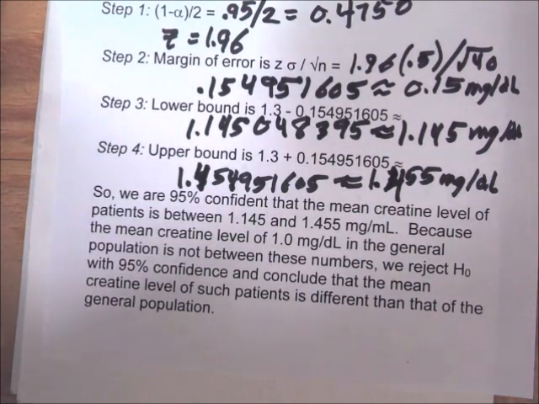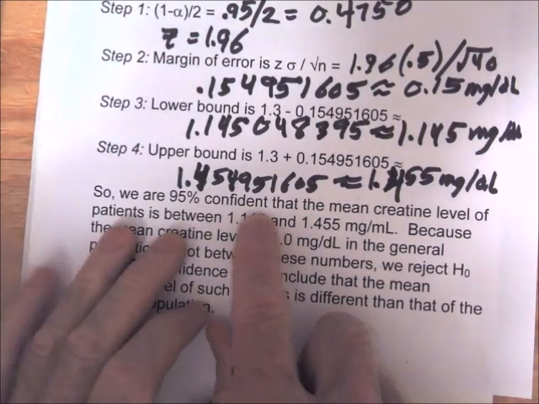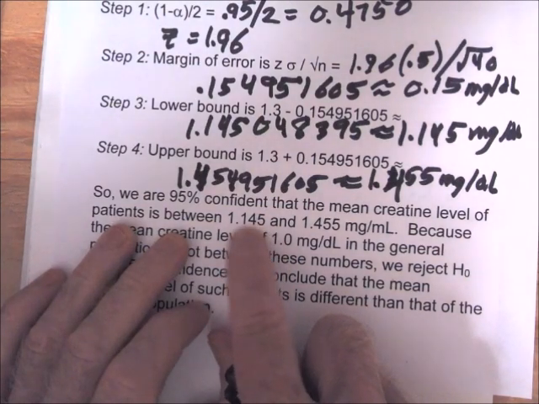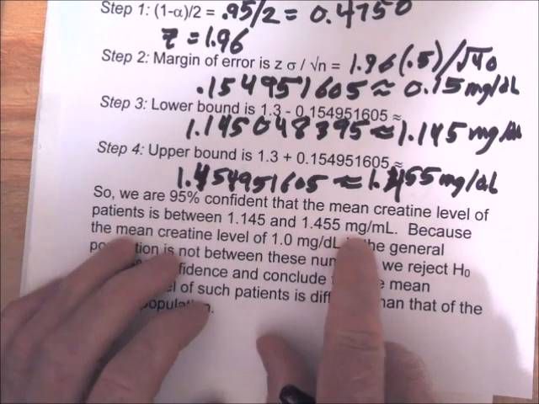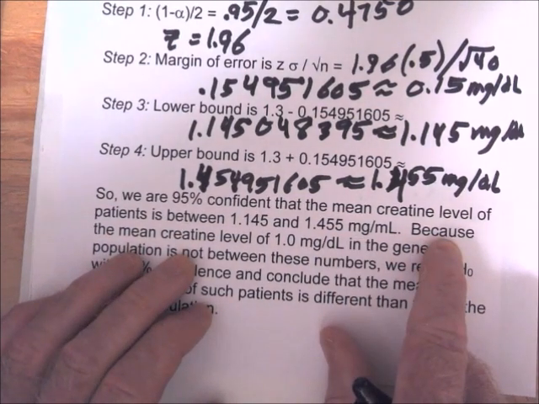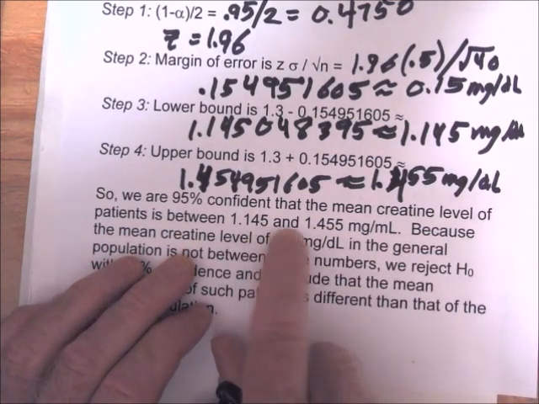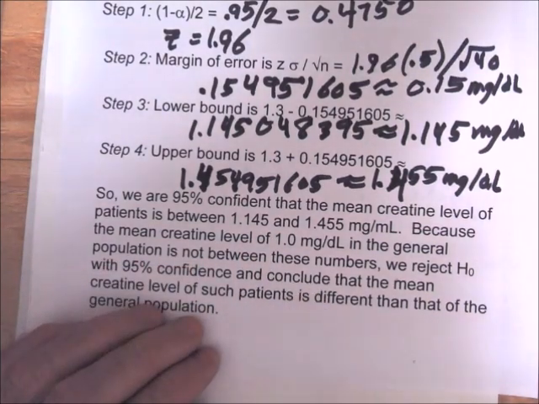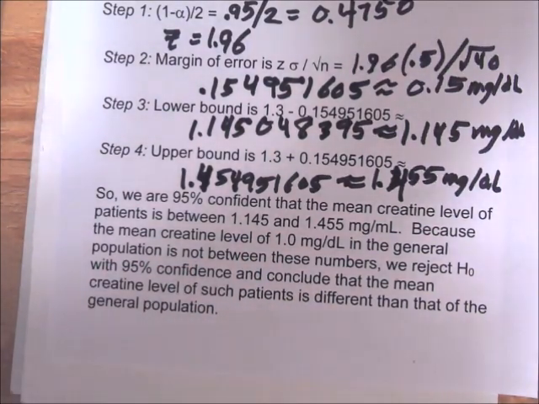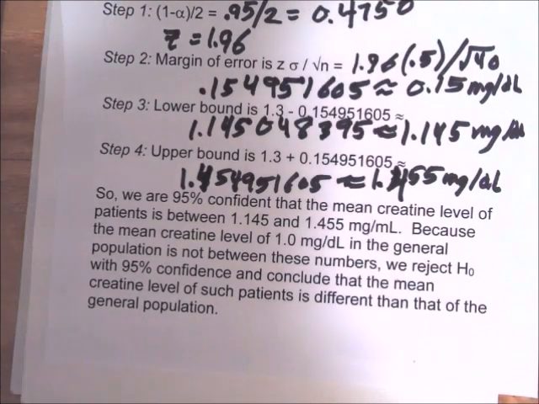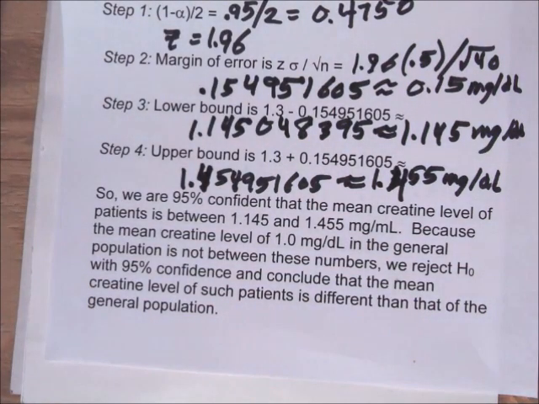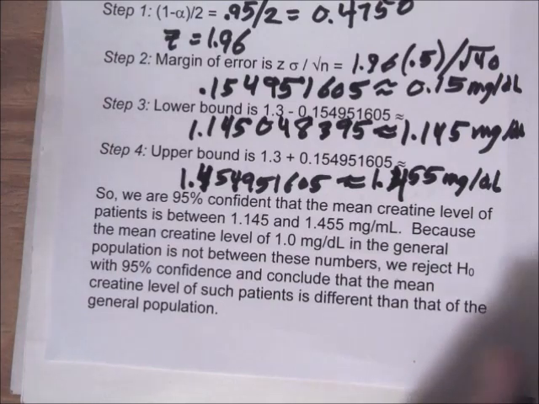What it tells us about the population mean is that we're pretty sure it is somewhere between 1.145 and 1.455, and because 1.0 is not between those two levels, we can reject H naught with 95% confidence and conclude that the mean creatinine level of such patients is different than that of the general population.